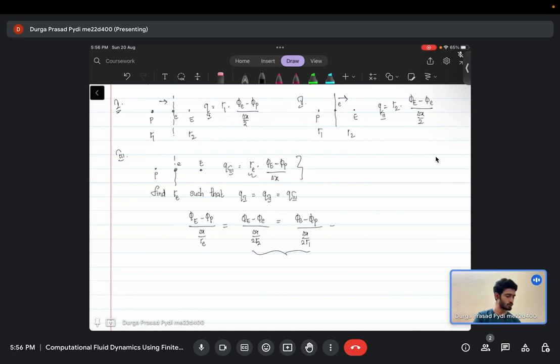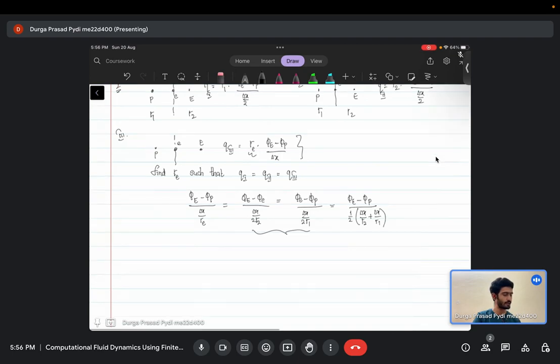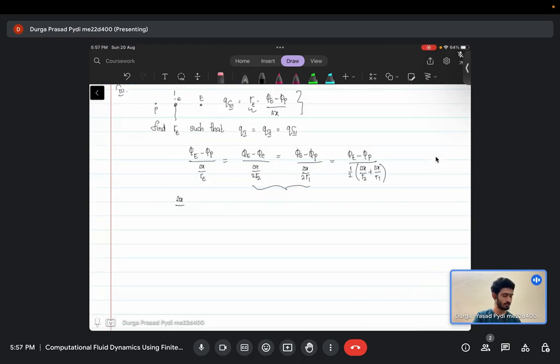If you take these two equations together, we get something like phi capital E minus phi capital P by 1 over 2 times delta x by gamma 2 plus delta x by gamma 1. So what we are getting here is delta x by gamma E equals half of delta x by gamma 1 plus delta x by gamma 2. So this will essentially give you gamma E as 2 times gamma 1 gamma 2 by gamma 1 plus gamma 2. So this is your harmonic mean.